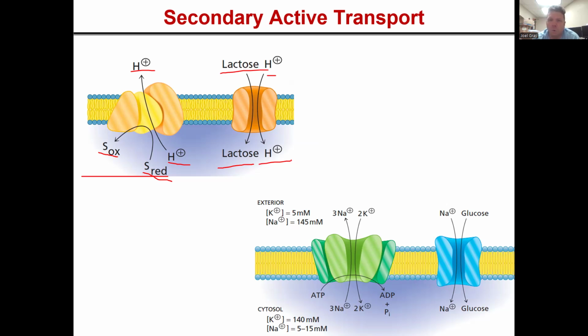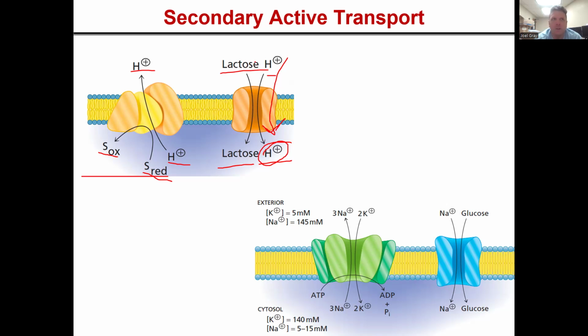So its natural tendency is to want to go from here to here. And whenever it does that, it's moving with its concentration gradient, from a high concentration to a low concentration. And what that is going to do is effectively pack up this lactose and carry it with it. It's going to take that lactose with it and see it on the other side. Now, that's the way that secondary active transport works.